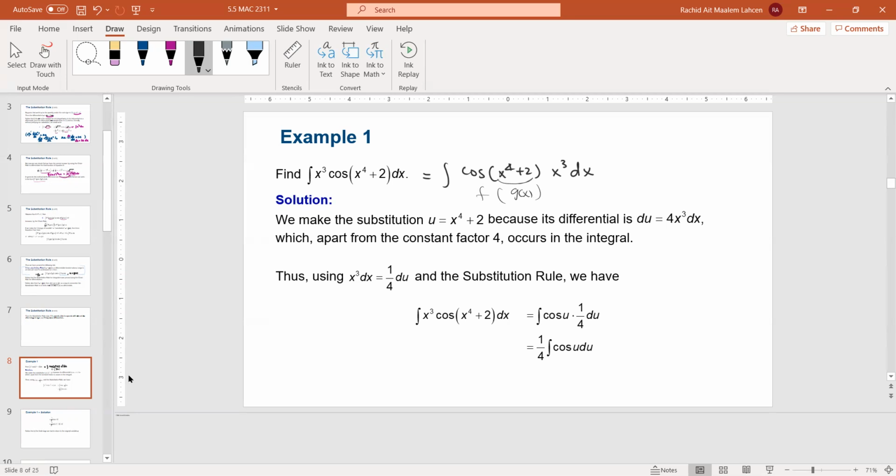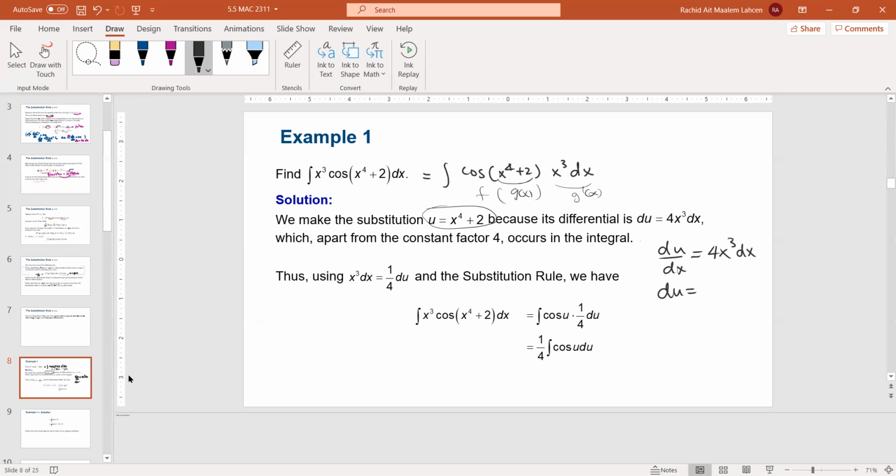And this can be the g prime of x. So if you take this inside and call it a u, then the differential is going to be, of course, du over dx is going to be 4x cubed, the derivative.